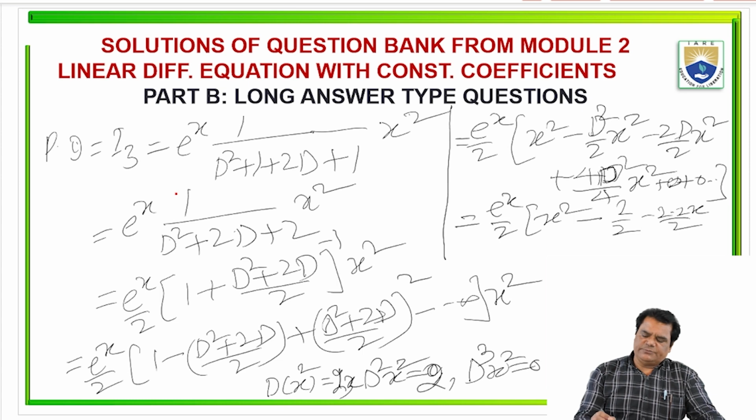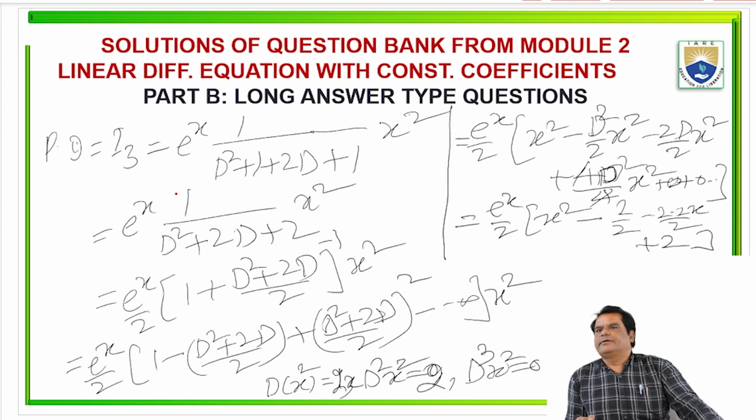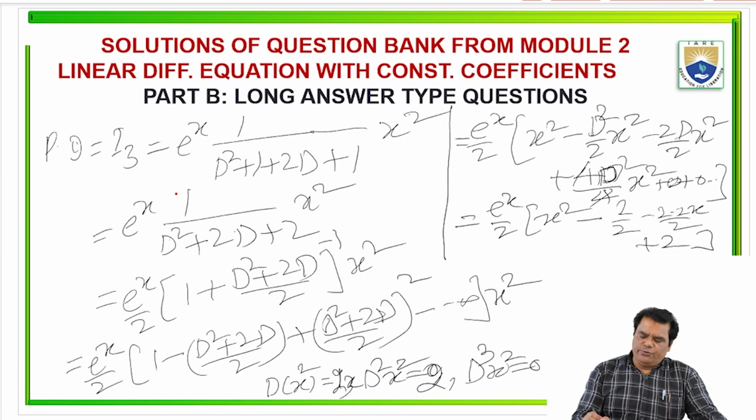And here the plus 4 is cancelled. D square of x square means 2. This bracket cancels: 2 times 2x and 2 upon 2 and x square.